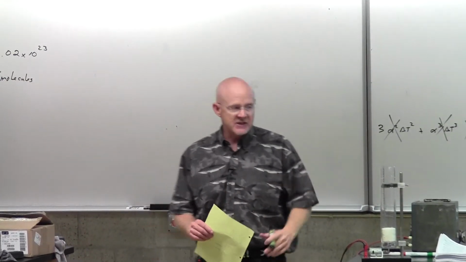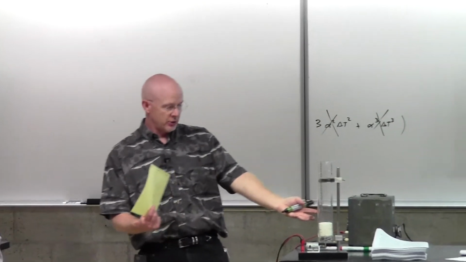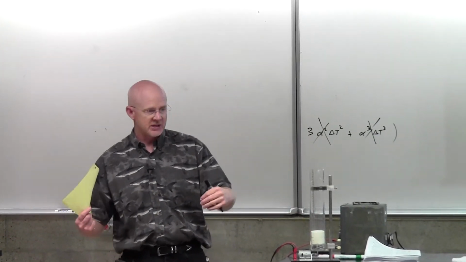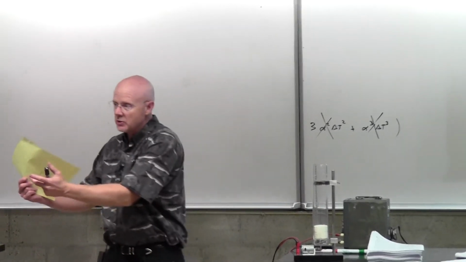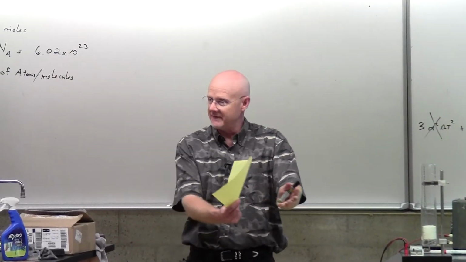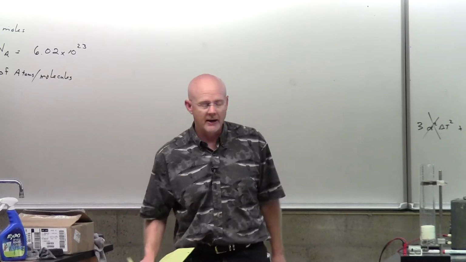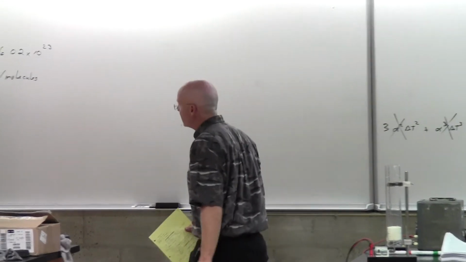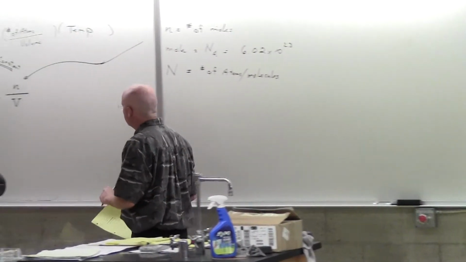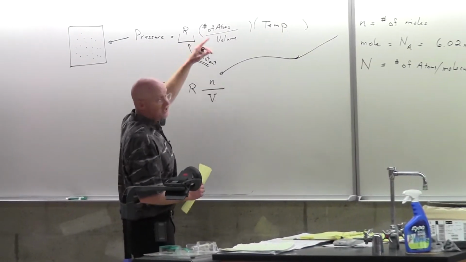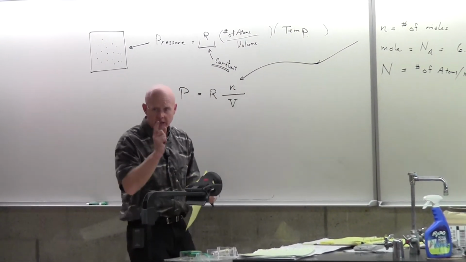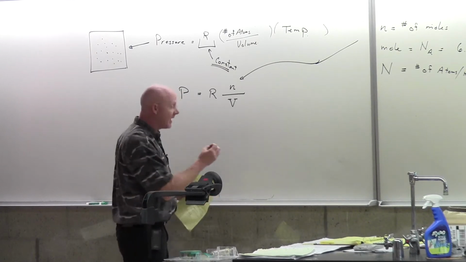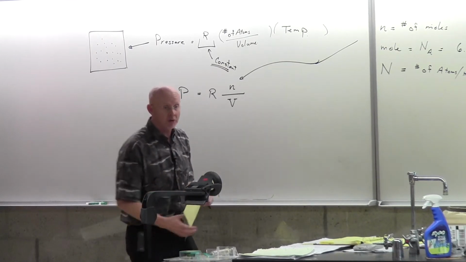So instead of saying, how many molecules do I have in here, I will say how many moles. Just like how many donuts do I have versus how many dozens of donuts do I have. Right? And so that's this whole idea. So with that said, the physics tells me how many atoms, but there's so many that I'm just going to label this not as the number of atoms, but the number of moles.